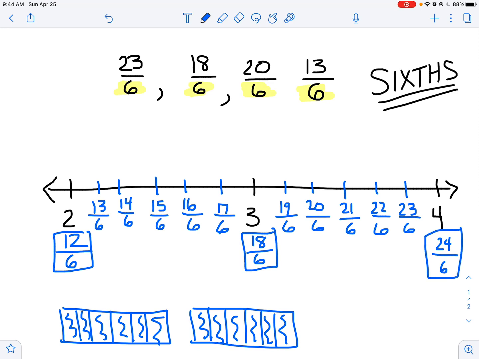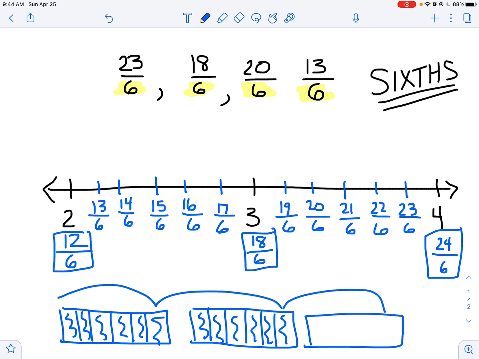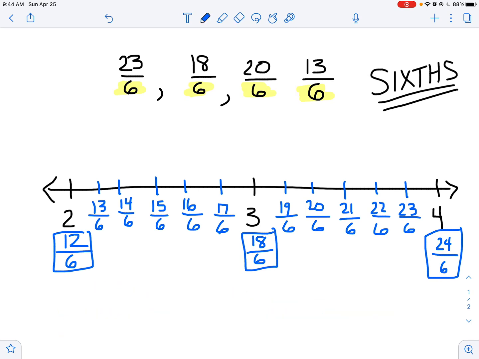So think about, okay, 2 wholes is 12 sixths. So 3 wholes would be another 6. So it would be 18 sixths and then 24 sixths. At least label those.